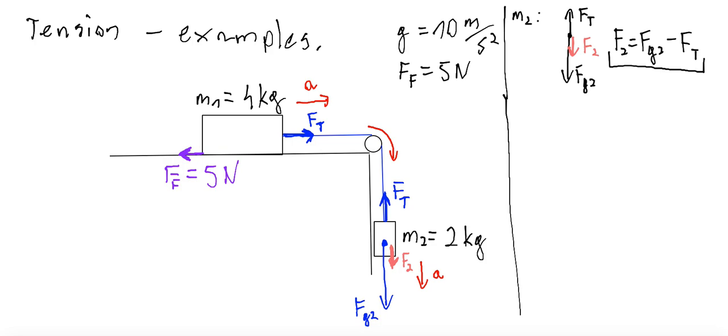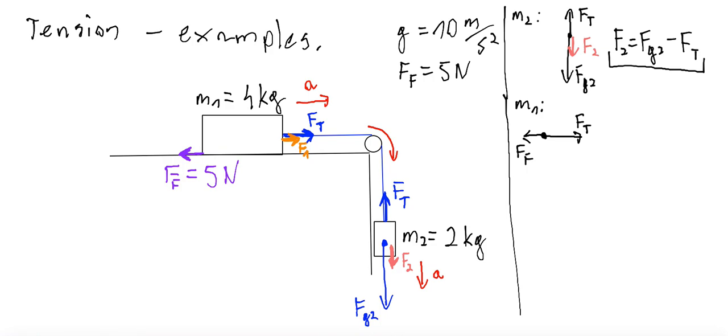You will see. Of course tension is bigger than frictional force because everything moves to the right. So the overall force acting on mass m1 is directed to the right. In the case of mass m1, we have tension which acts to the right and frictional force which acts to the left.